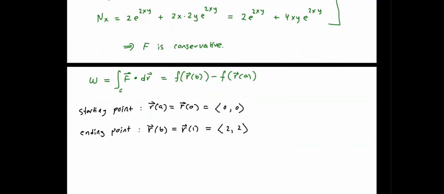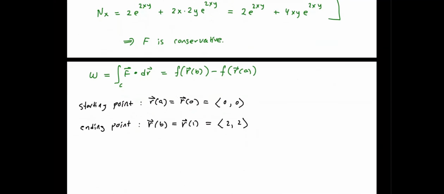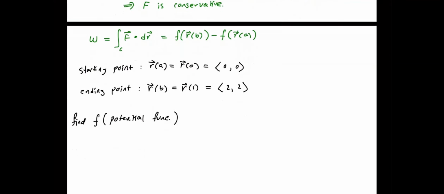Now we need to find the potential function. So this is the first step. Second step, let's find the little f, which is what we call the potential function of this field. I'm going to take my component M and integrate with respect to x.